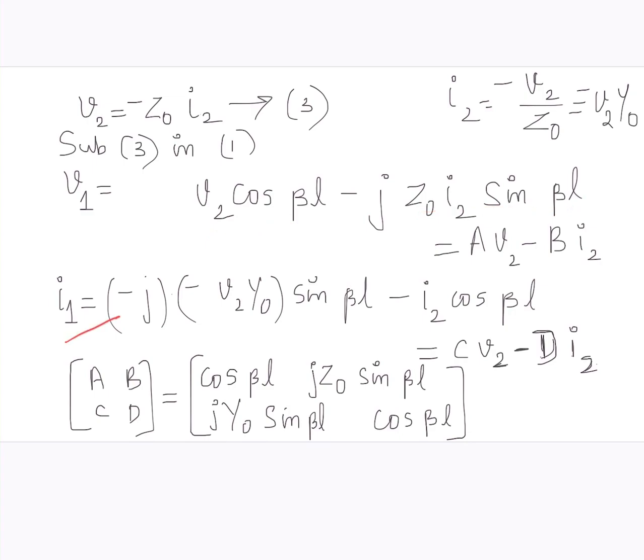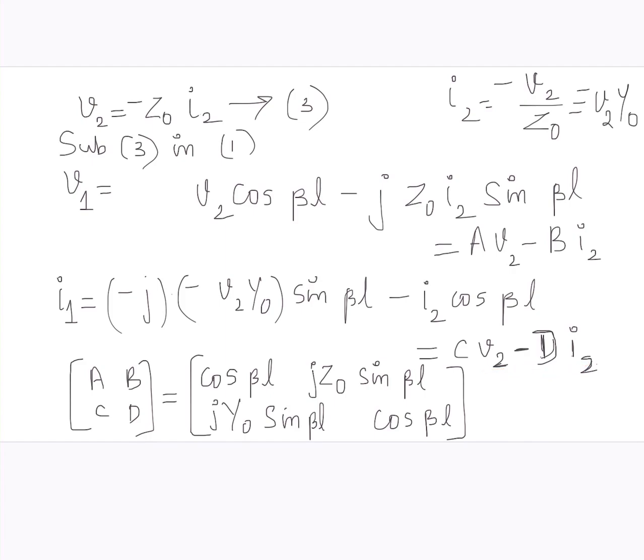And I1 we can write as minus j into minus V2 into Y0. That is, I2 can be written as minus of V2 by Z0, which will be equal to minus V2 into Y0. Substitute this in the equation for I1. So we will obtain this expression, which is in the general form of the ABCD matrix.